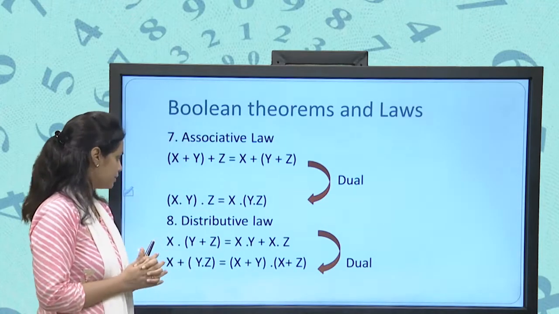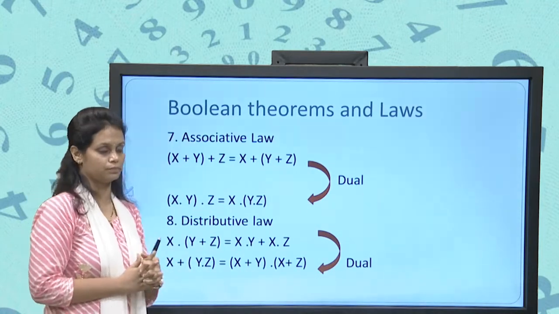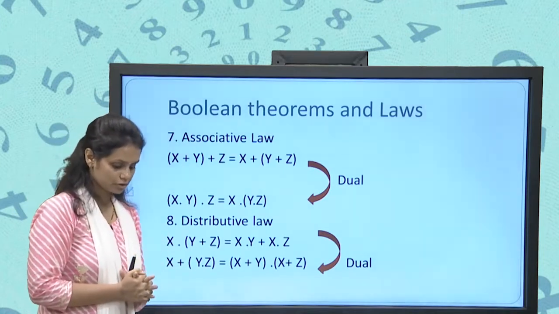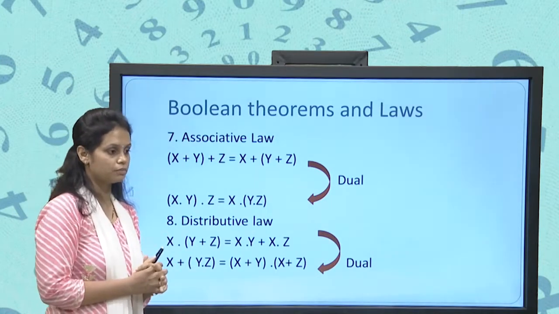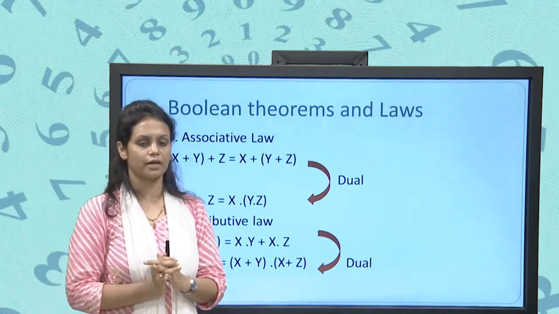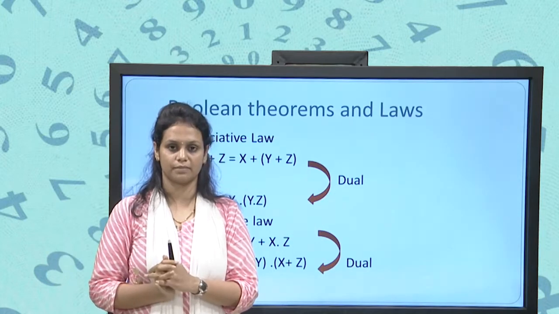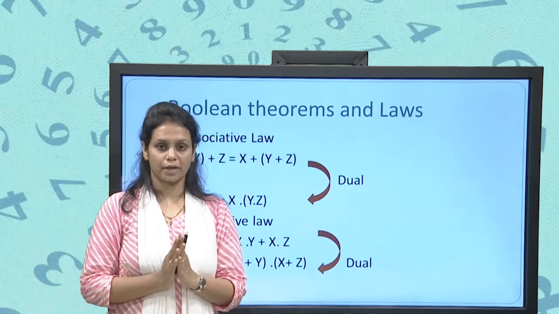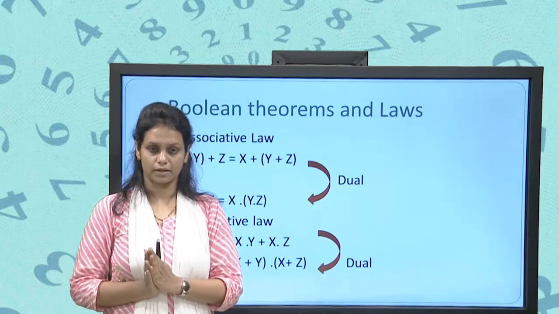Now, see, next is the distributive law. What is the distributive law? First of all, in the distributive law for the normal number system, suppose we have a cross b plus c. What will we do in this? First we can perform a cross b plus a cross c.